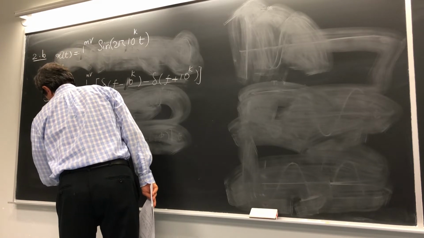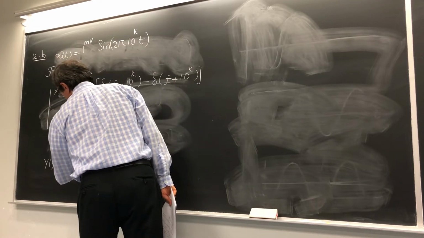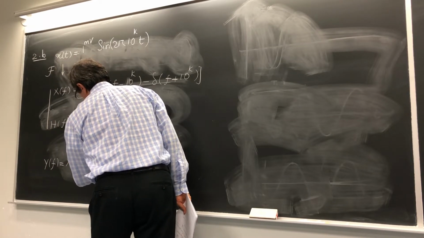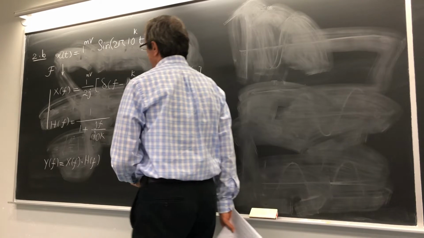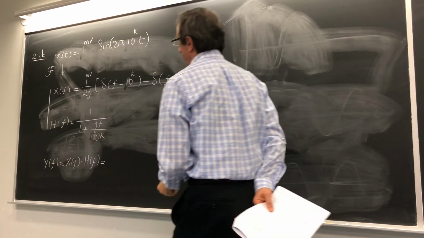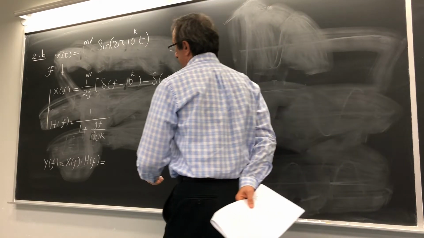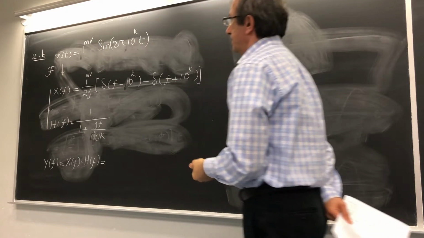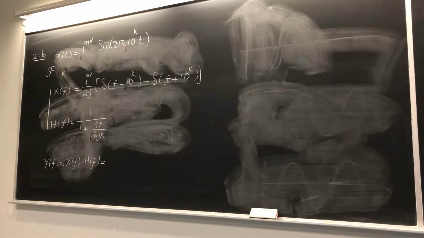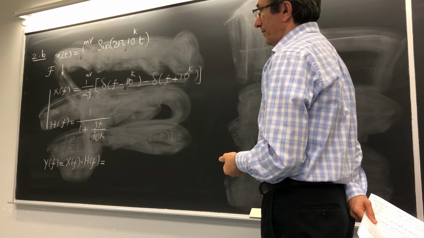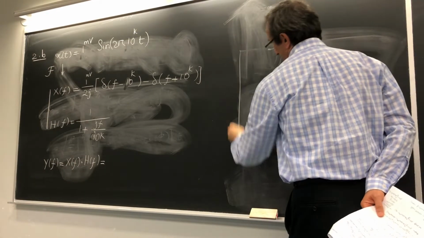And we know that y equals the product of the input and the transfer function. So what happens if I multiply a function with a delta function? That function is shifted to 10k.